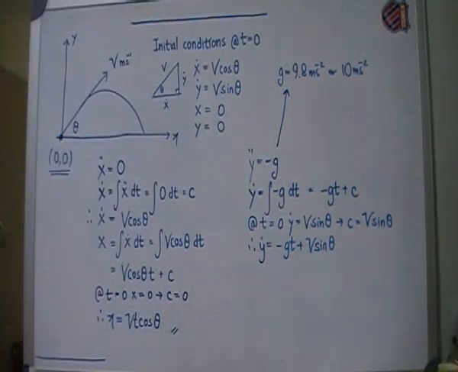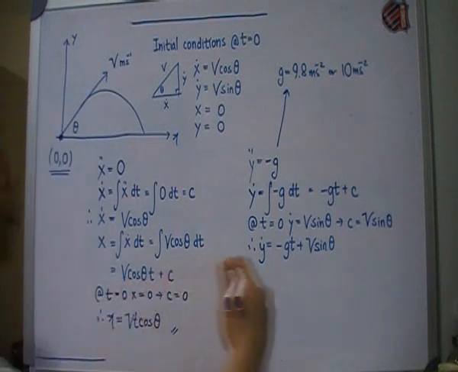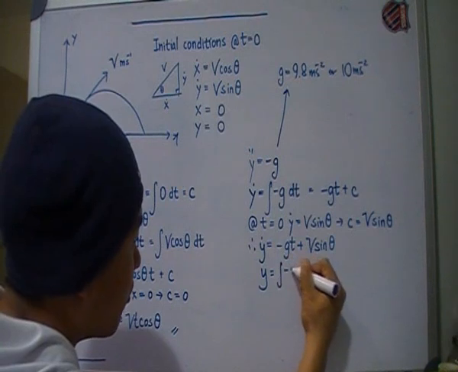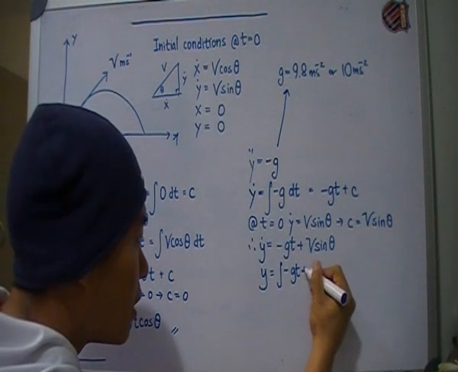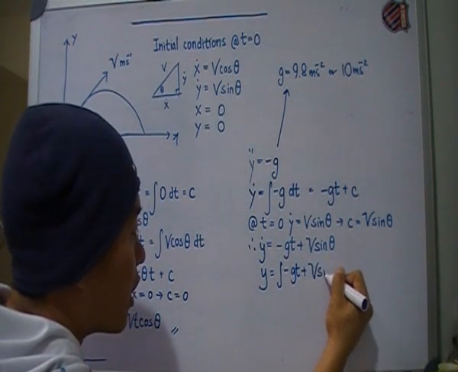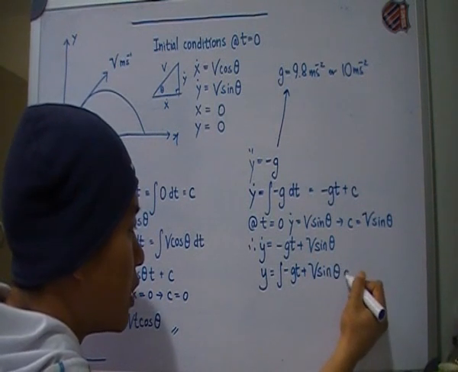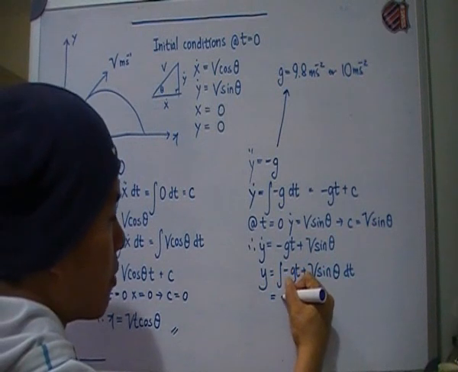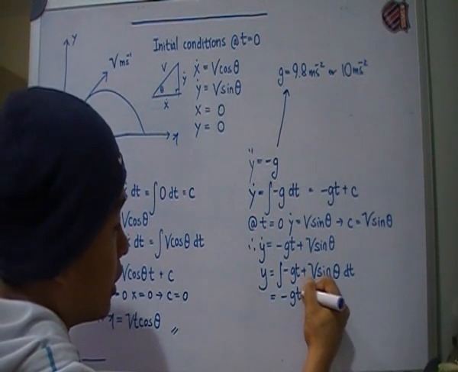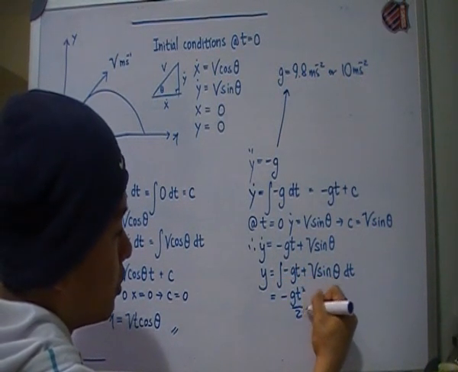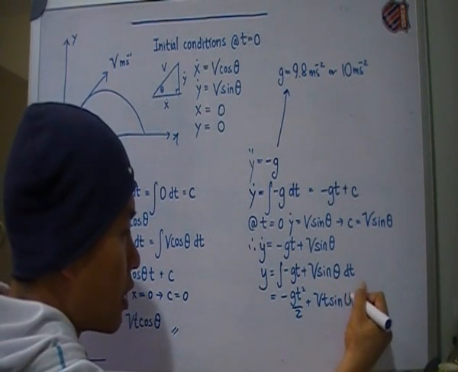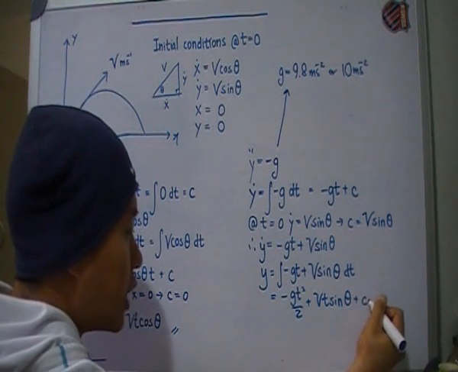Then, to get the y position formula, it's simply y equals the integral of minus gt plus v sine theta with respect to t again. You'll get minus gt squared on 2 plus vt sine theta plus c.